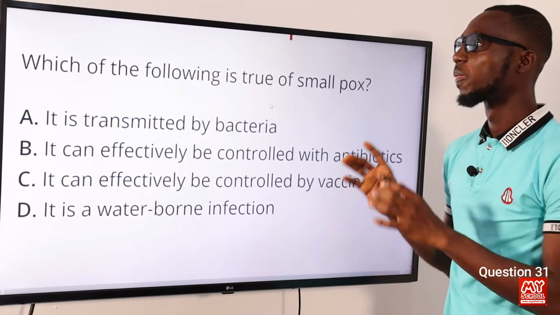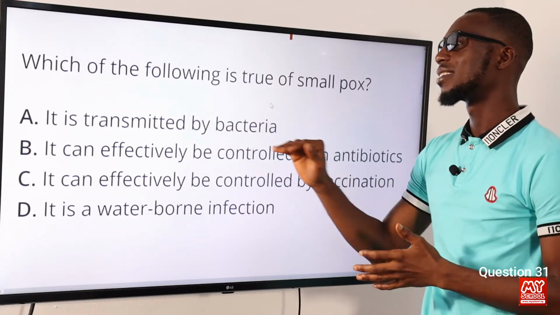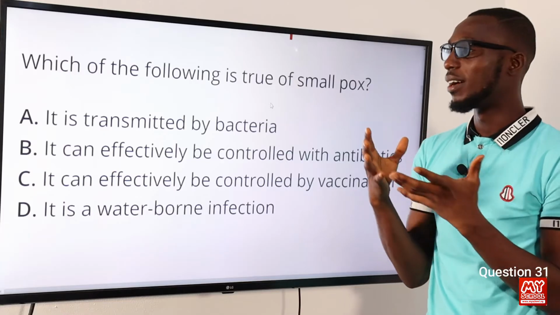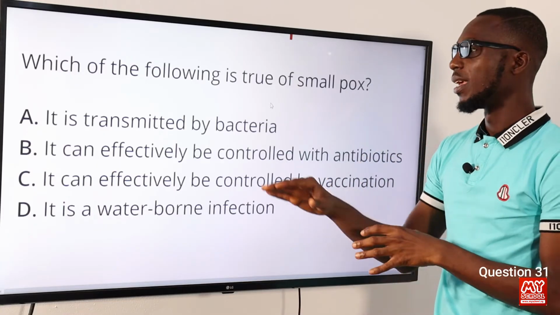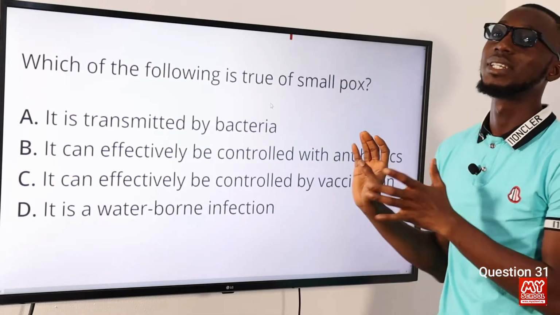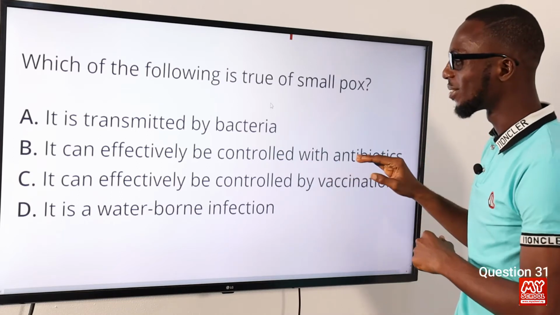Question 31. Which of the following is true of smallpox? It is transmitted by bacteria. This is incorrect. It is transmitted by the pox virus. It can be effectively controlled with antibiotics. Antibiotics also means antibacterial, and we're talking about virus, not bacteria, so this is also incorrect.